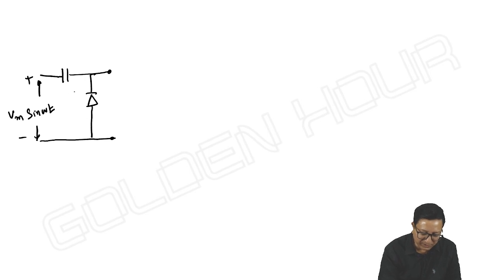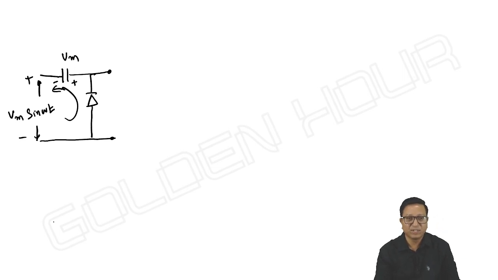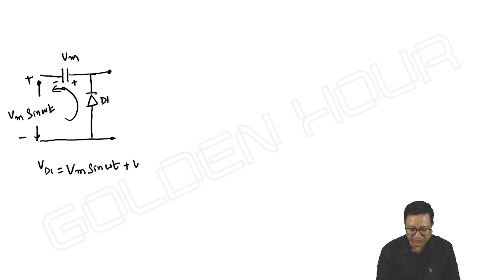Once the diode is on, the current flows in this direction. So this capacitor will charge up to Vm with polarities this way. And what about Vd1? Diode is upwards, no? Vd1 is equal to Vm sine omega t plus Vm. We are well aware of it.